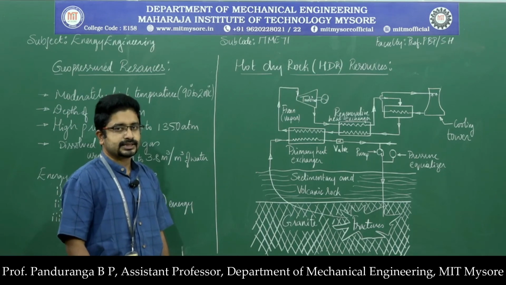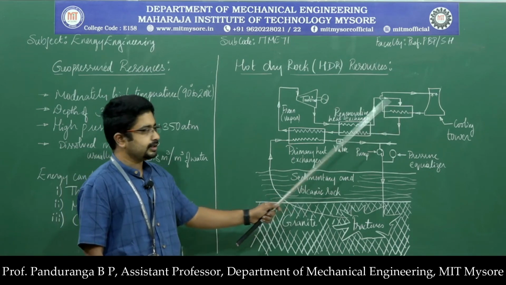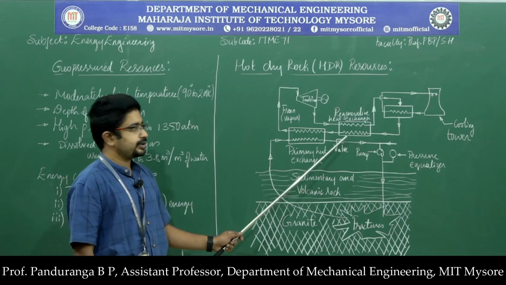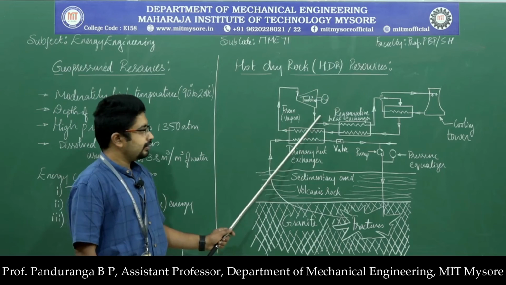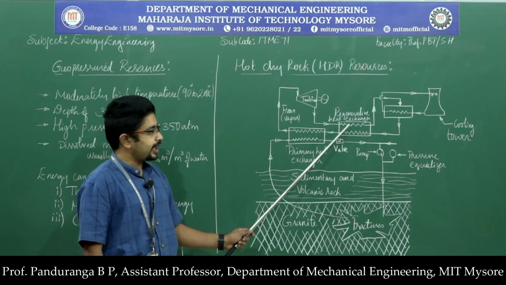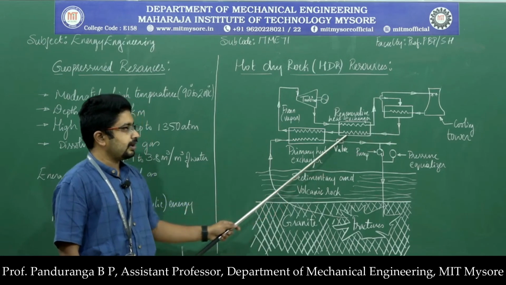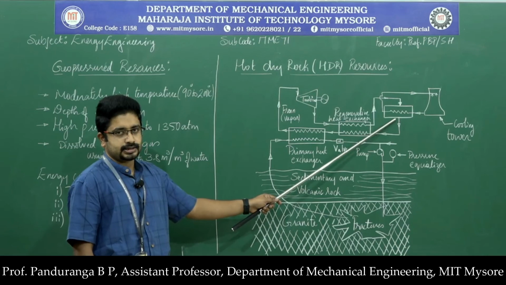So we will be losing a certain amount of heat energy. To utilize that heat energy, we have a regenerative heat exchanger. Here the mixture of vapor and liquid Freon, which is at a higher temperature, transfers its heat energy to the liquid Freon coming out of the condenser.